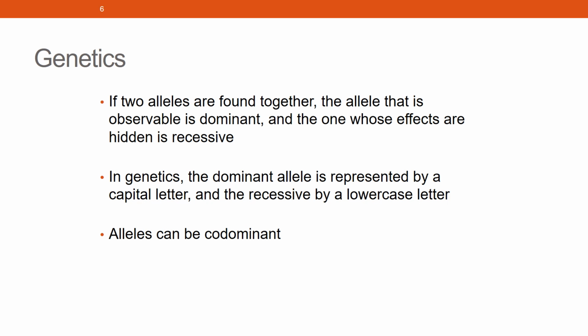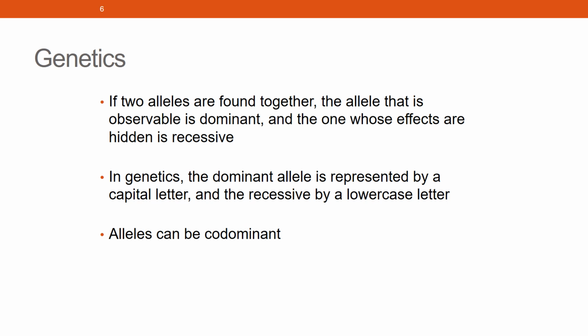When two alleles are found together and one of them is dominant, the dominant allele will be the one that's the presentation of the feature, or is observable, and the hidden one will be recessive.